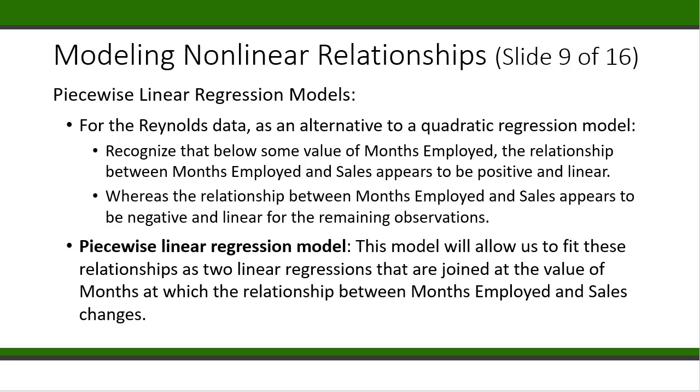Other nonlinear regression models that you might see is something called a piecewise linear regression model. And what that means is that you could piecewise the model so that it explains part of the line that you're trying to predict, and then another part would predict the other part of the line you're using.